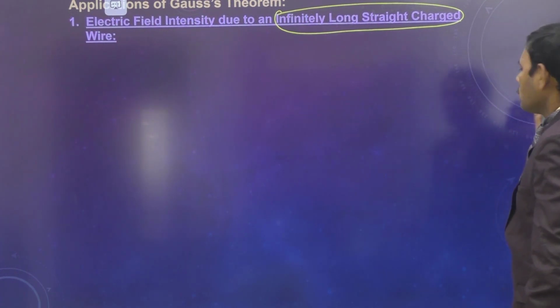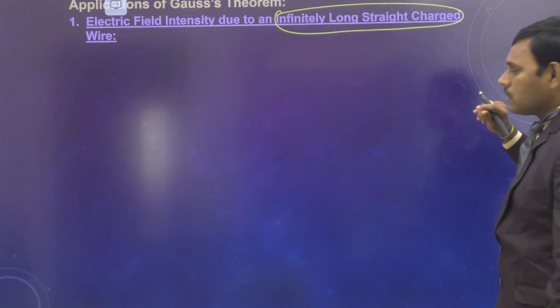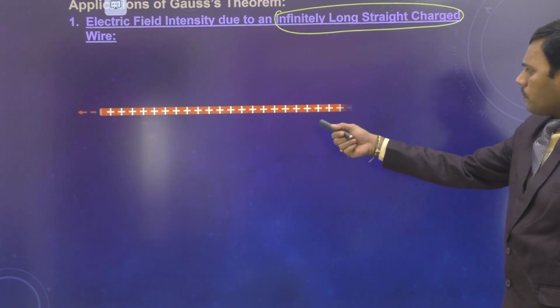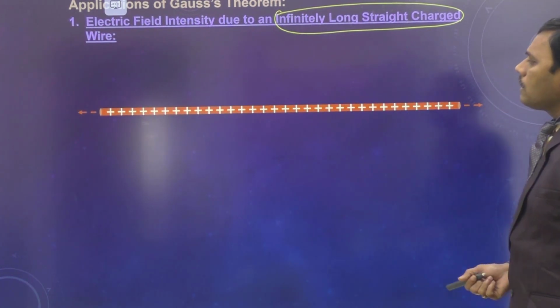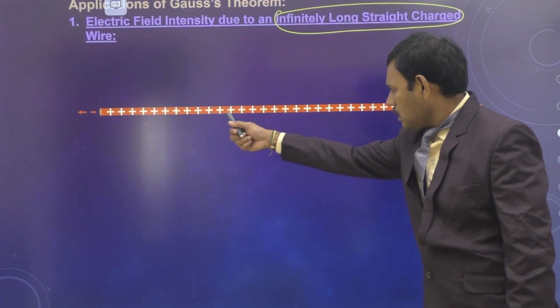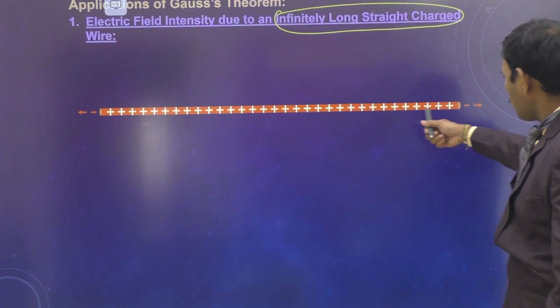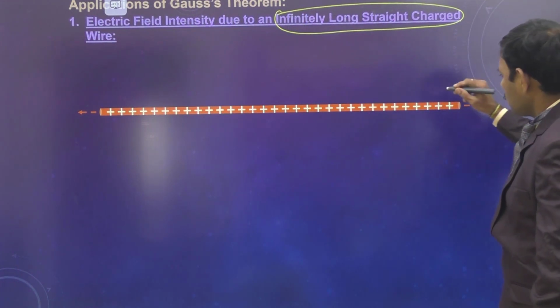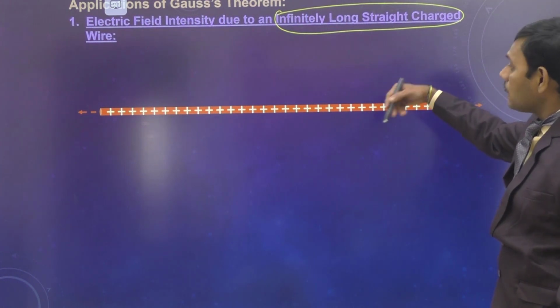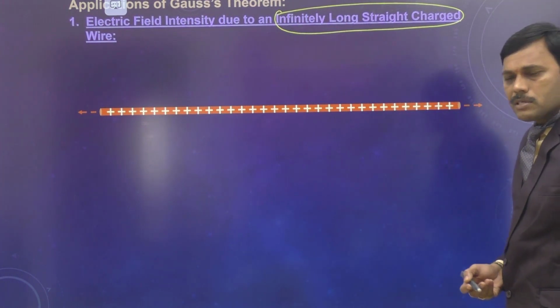So once again, students, let us look into the diagram. In this animation, this is an infinitely long uniformly charged wire. Due to this charged long wire, we have to find the electric field around it at some arbitrary distance r.